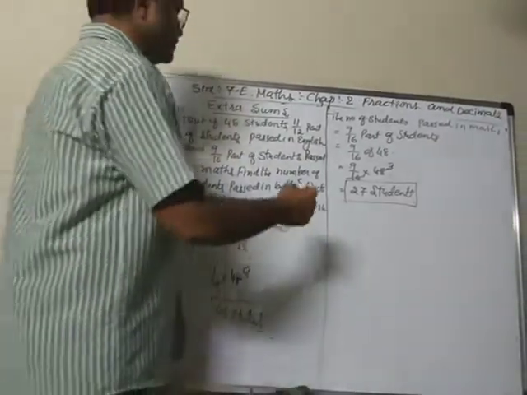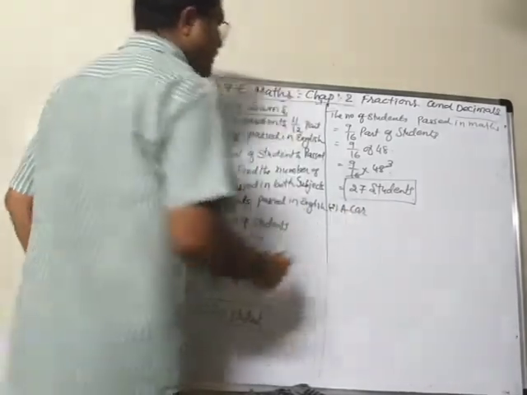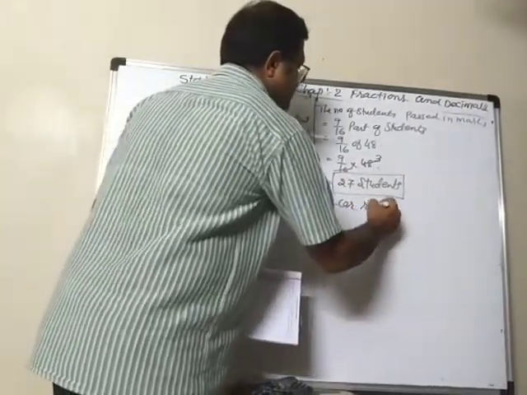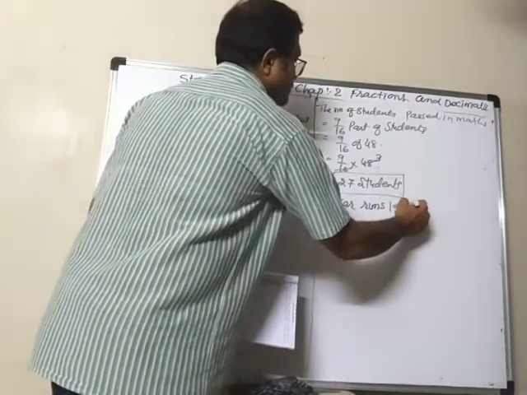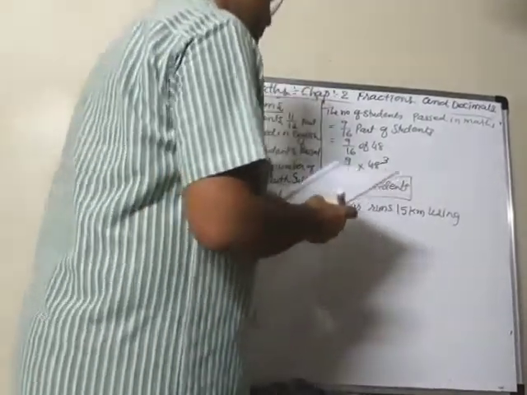Then we will do another one. A car runs 15 kilometers using 1 liter of petrol.